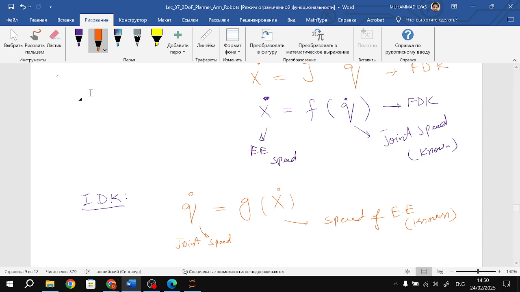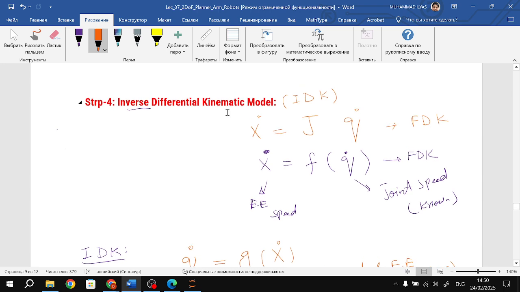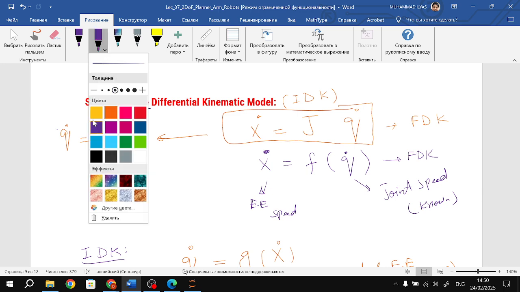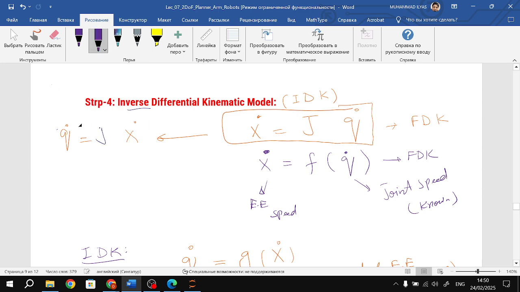That is inverse kinematic. Once we have the forward differential kinematic, getting the inverse differential kinematic is a very easy task. Why? Because we have this relationship already. How can we get it from this equation? We need to multiply by the inverse matrix of the Jacobian from the left.